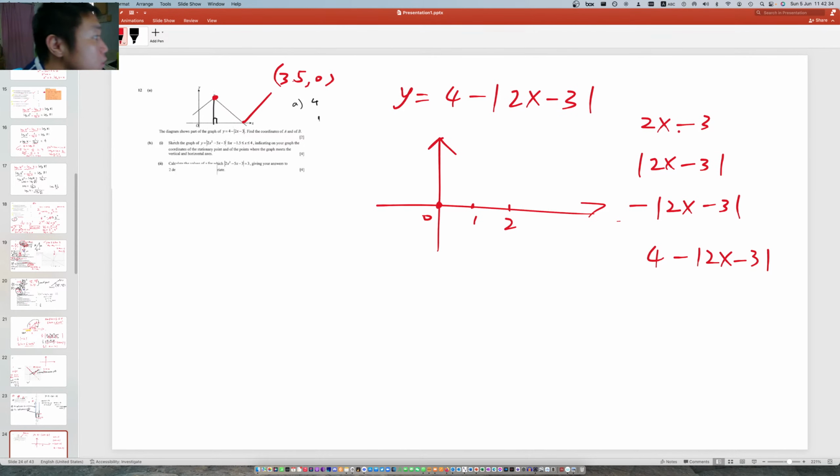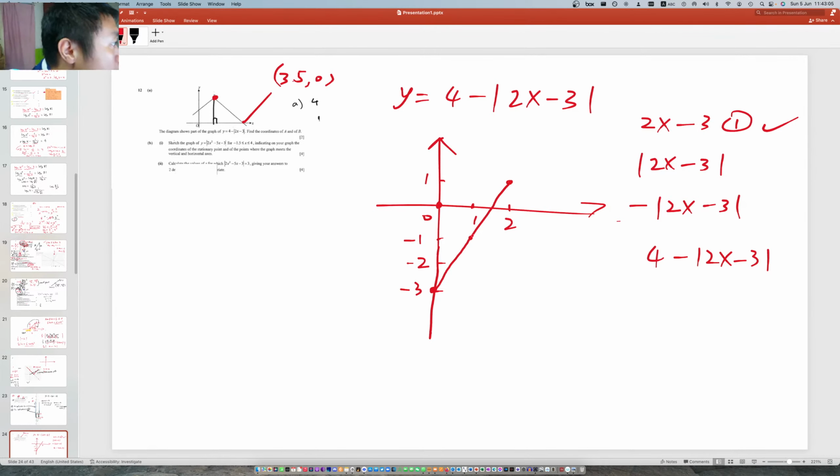So 2x minus 3: you give it a 0, it is minus 3. Then you give it a 1, it is minus 1. You give it a 2, it is 1. So this is a straight line. Now I need to modulus it, which means the minus 1 needs to go to 1, and the minus 3 needs to go to 3.